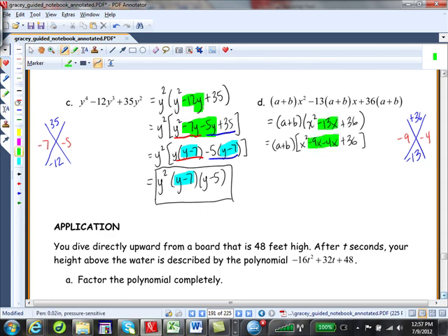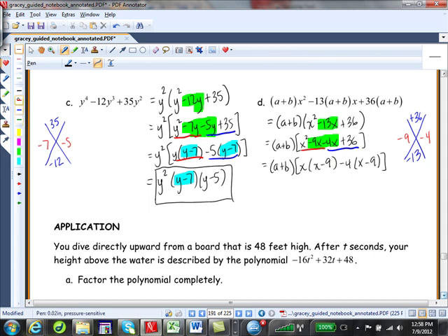Here's red group, here's blue group. So the a plus b is going along for the ride. From the red group we can factor out an x. We're left with x minus 9. And then we can factor out a minus 4. And we're left with x minus 9.